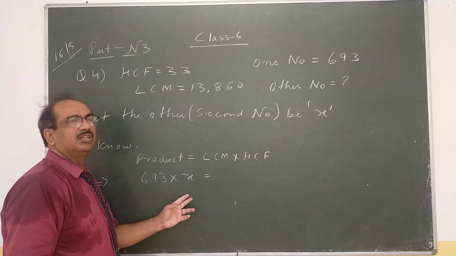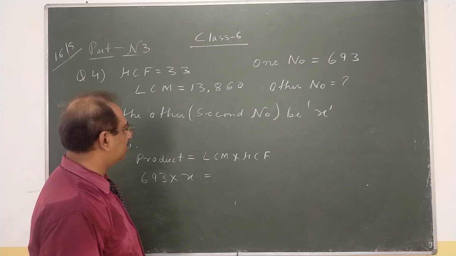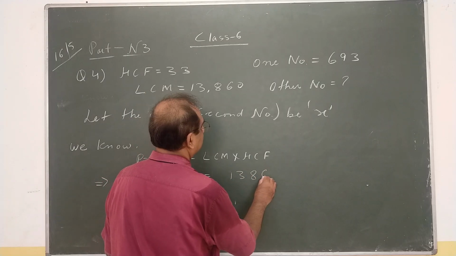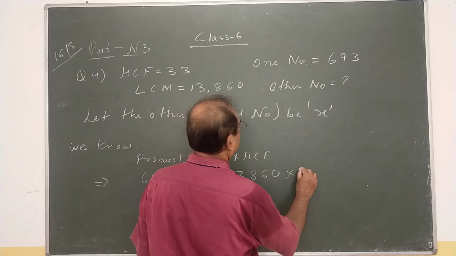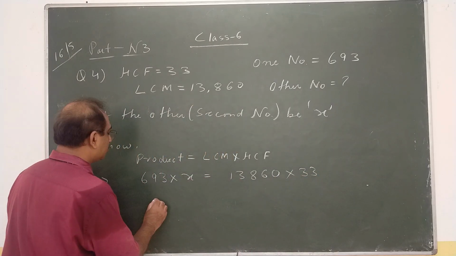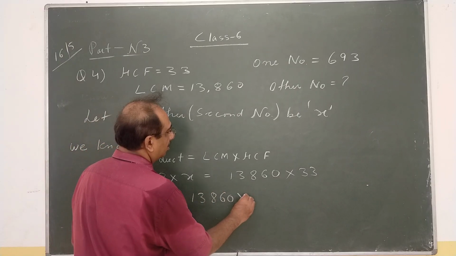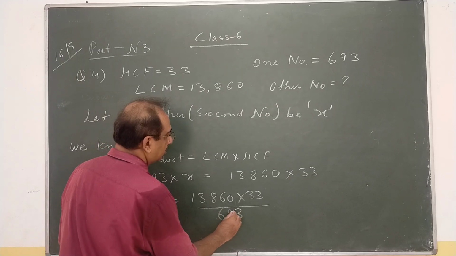You can take any other variable, children: a, y, z. Generally we take x. LCM is 13860. Don't put a comma when you multiply and divide. HCF is 33. So the other number is 13860 into 33 by 693.